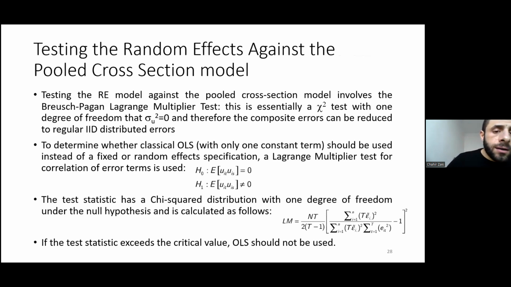Another test that could be also used is to test the random effects against the pooled cross-section model. And so I remind you that the main difference between OLS and the random effects model is how the variance is treated.